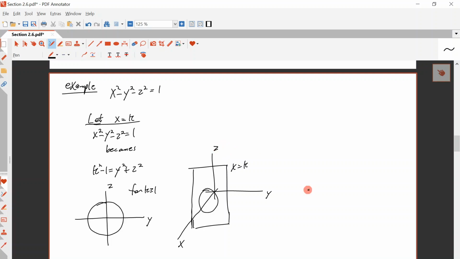So now I just need to know what the silhouette of the surface is looking at it from the side over here, so I can get a better idea of what that looks like. So let's let z equal to 0. I'll get the silhouette in the xy plane. If I let z equal to 0, then I got x squared minus y squared equals 1. That's the hyperbola opening up along the x-axis.